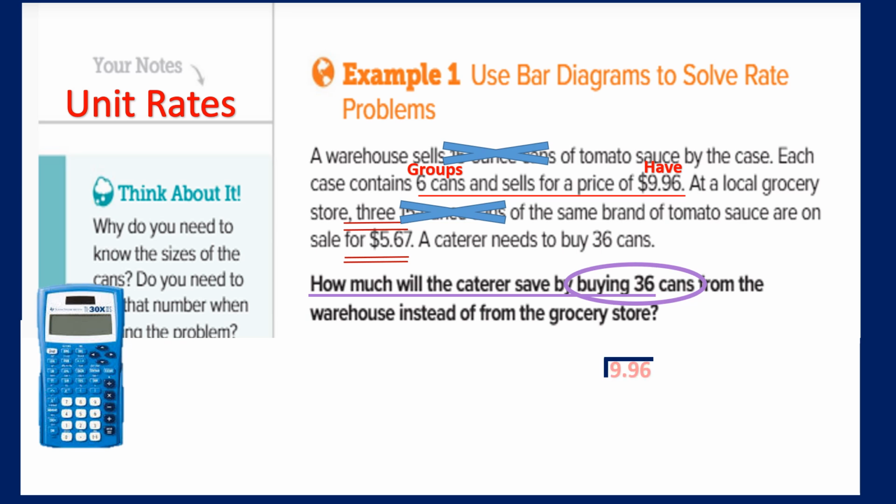The buy-in of 36 cans we'll get to in just a moment, so please don't worry about that particular number yet. So $9.96 goes inside. I'm dividing by 6. I have a decimal inside my division, so my very first step has to be to raise my decimal. And I leave it in the same spot. And then when I'm dividing, I have to divide digit by digit. Will 6 go into 9?